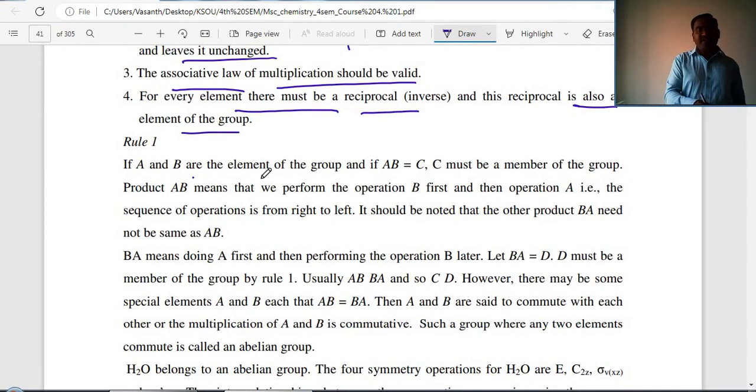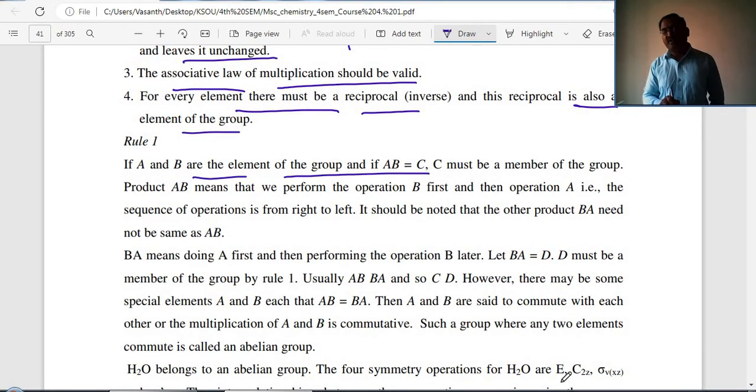If A and B are elements of the group and AB is equal to C, then C must be a member of the group.